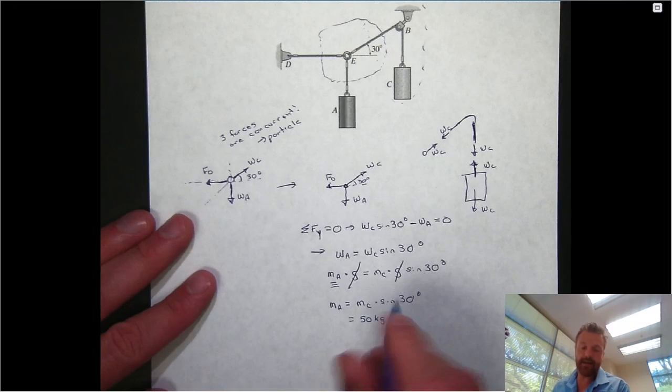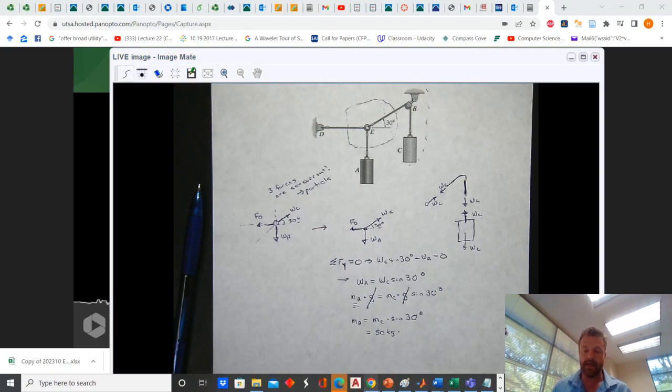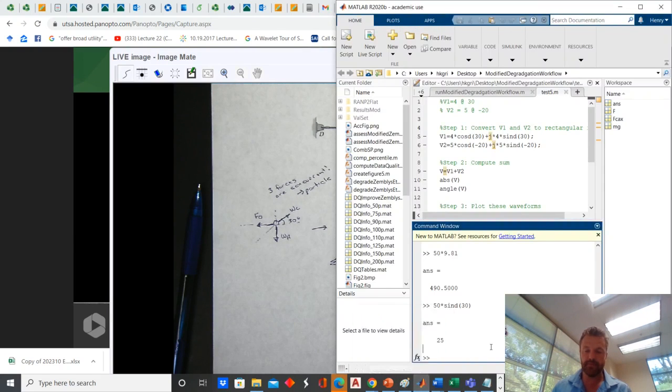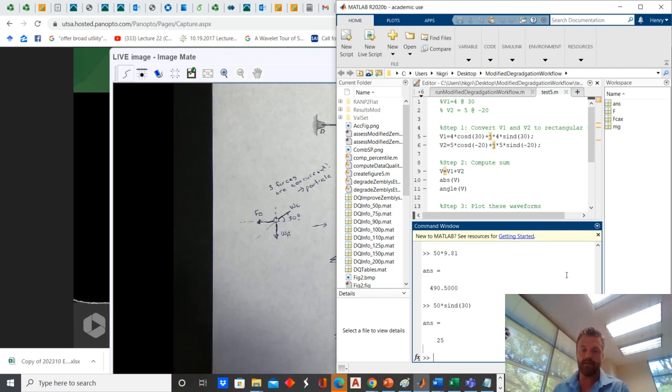If you don't remember the sine of 30, you can put it into your calculator, but it's just going to be a half. I made this calculation before I started recording the video. So 50 times the sine of 30 just gives me 25. As long as mass A is 25 kilograms, this thing will stay in equilibrium.